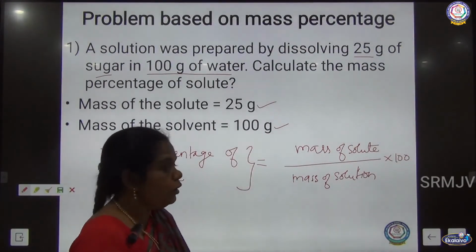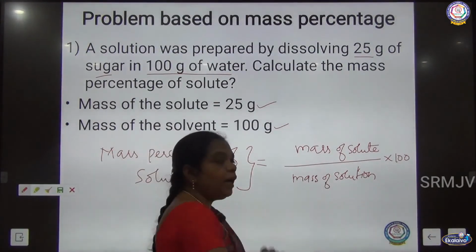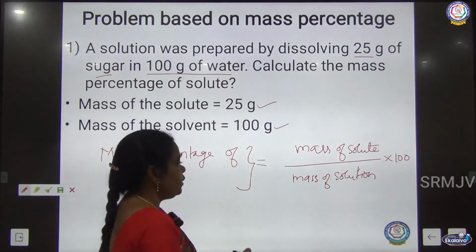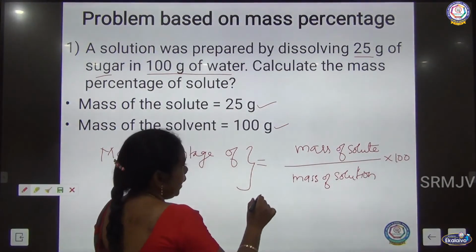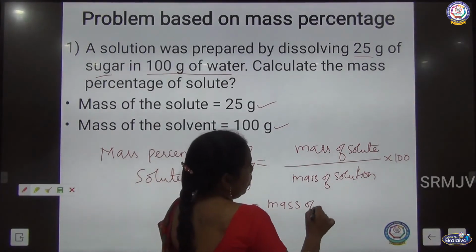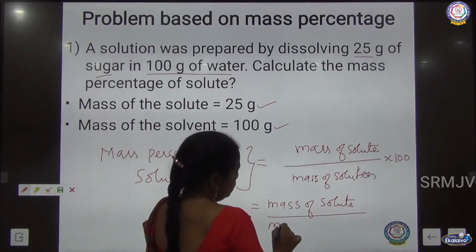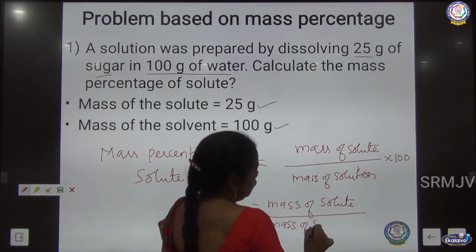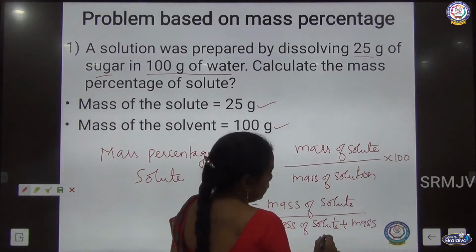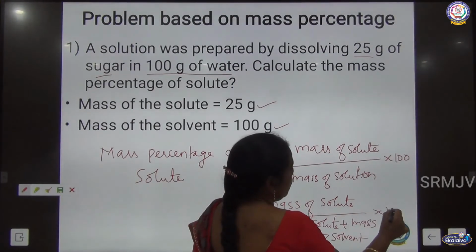So mass of solution is nothing but the mass of solute plus the mass of solvent. So in this case you have to write down like this: the mass of solute divided by mass of solute plus mass of solvent into 100.